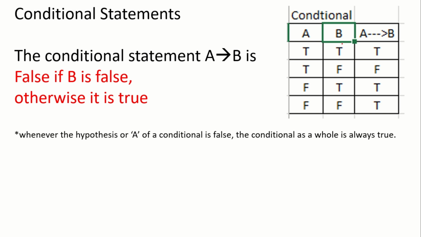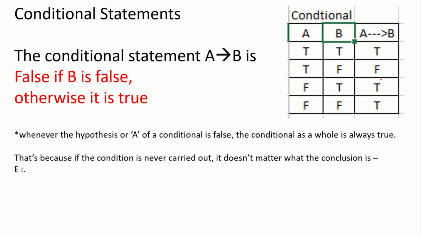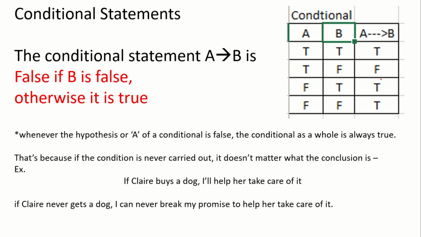Of course, if the condition is true and the conclusion is true, then the overall statement is true. If the condition is true but the conclusion is false, then the overall statement is false.